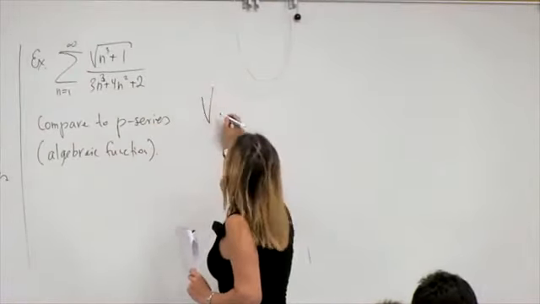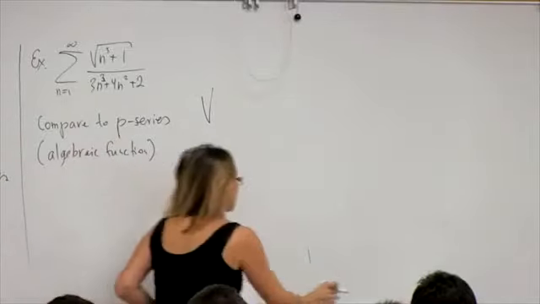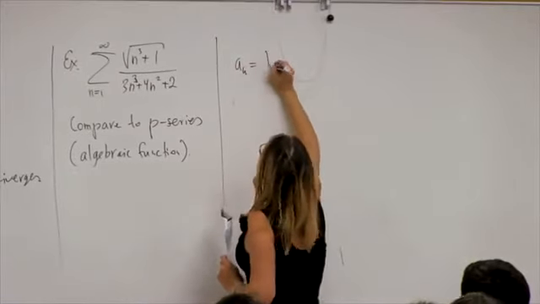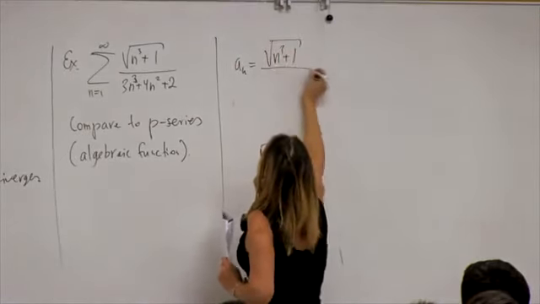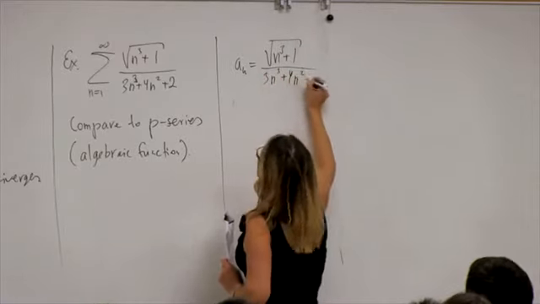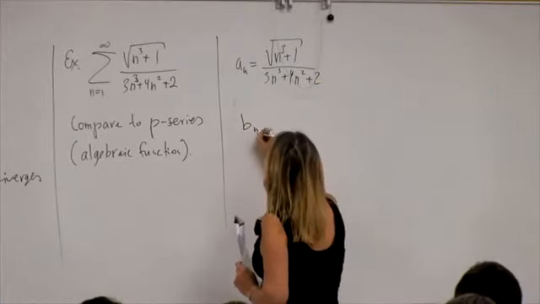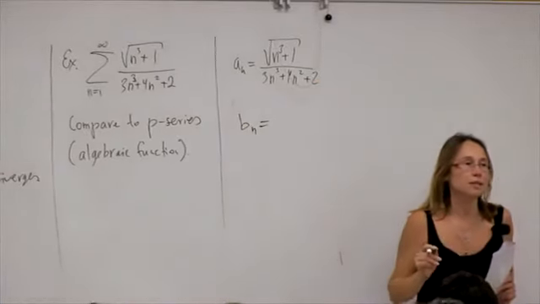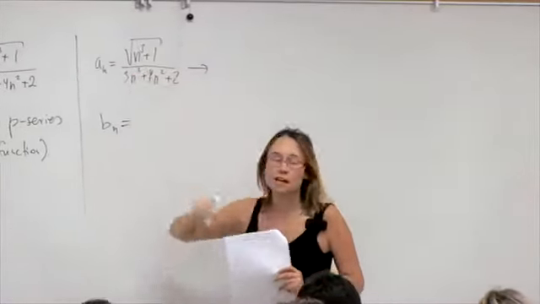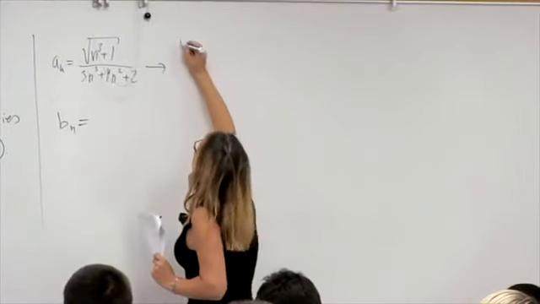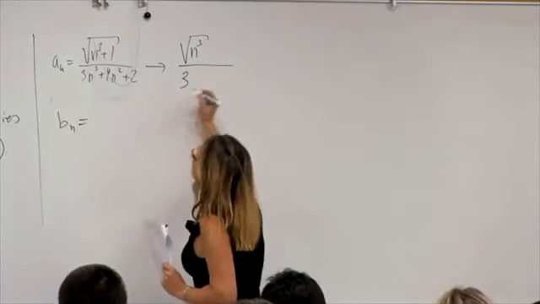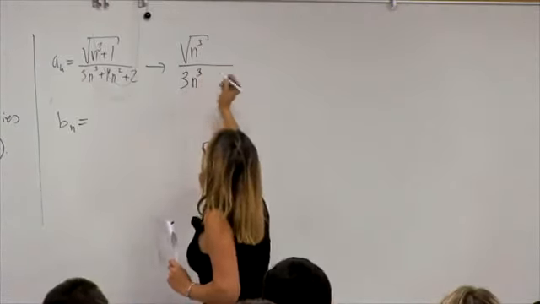Let's look at a_n. So a_n is my general term. How do I find b_n, a p-series that looks like this? What I do is leave only the highest power of the numerator and the denominator. So I'm going to look at the square root of n cubed over 3n cubed, and I ignore the rest.